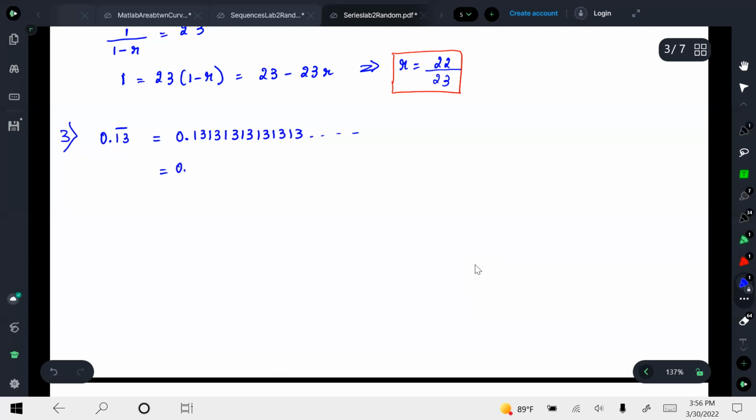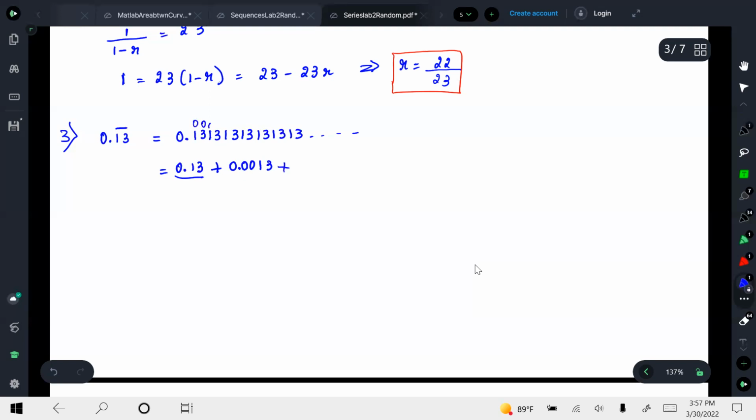So you get 0.13 plus 0.0013. Why two zeros here? Because I have taken out 13 here. So if you cancel out 13 in this group, you will replace it with 0. So you get the second term 0.0013, plus.